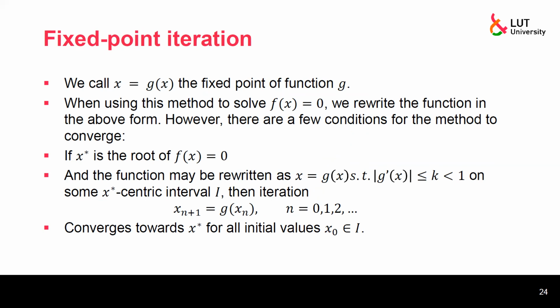Fixed point iteration: if we can state the function in such a way that x equals g(x), then we can use something called fixed point iteration to solve f(x) equals 0. We need to state f(x) in such a way that we have x on one side, and then the rest of it is this g(x).